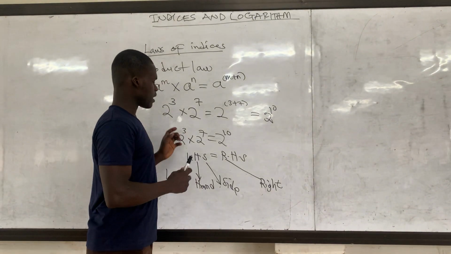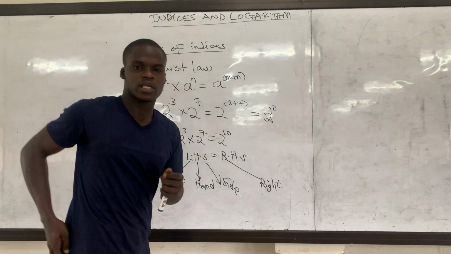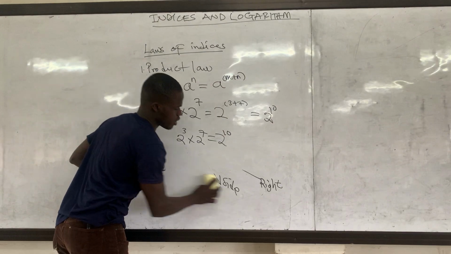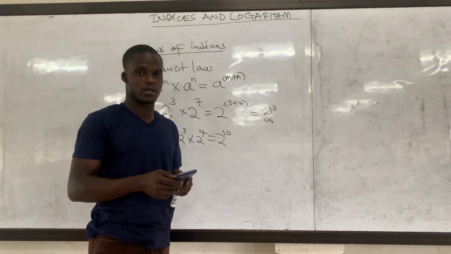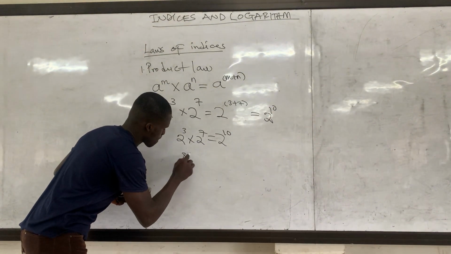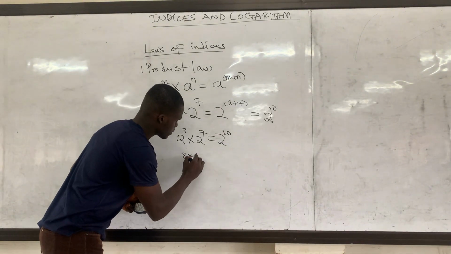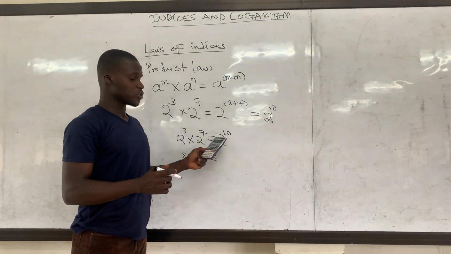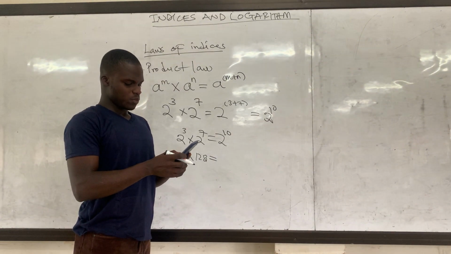So let me quickly check the answer for 2 exponent 3 times 2 exponent 7. You can also get your calculator and we solve this together. So 2 exponent 3 is 8, and then 2 exponent 7 is 128. And we are saying that the answer should be the same as 2 exponent 10. So let's see what's the answer for 2 exponent 10.